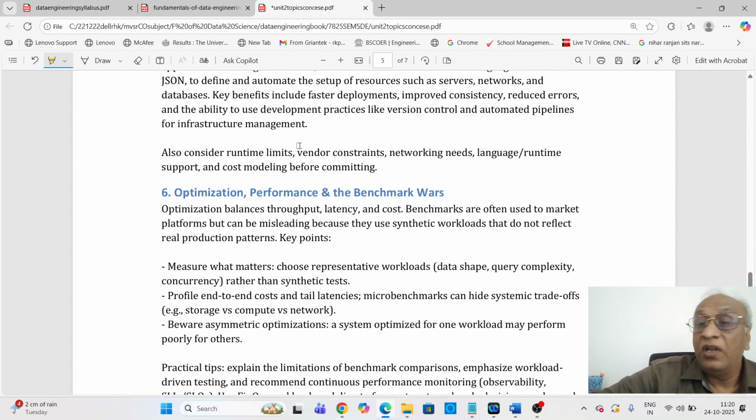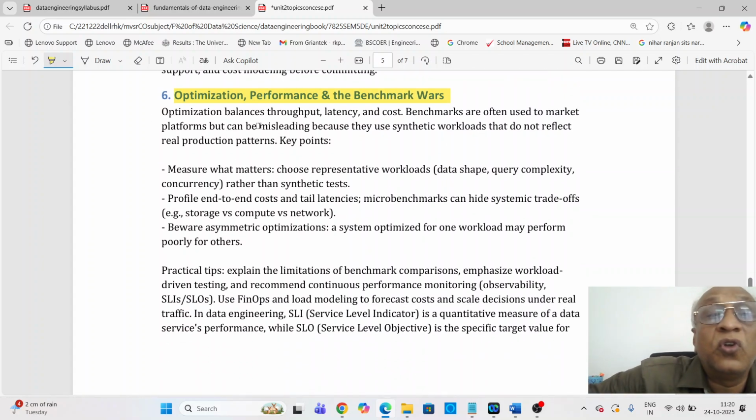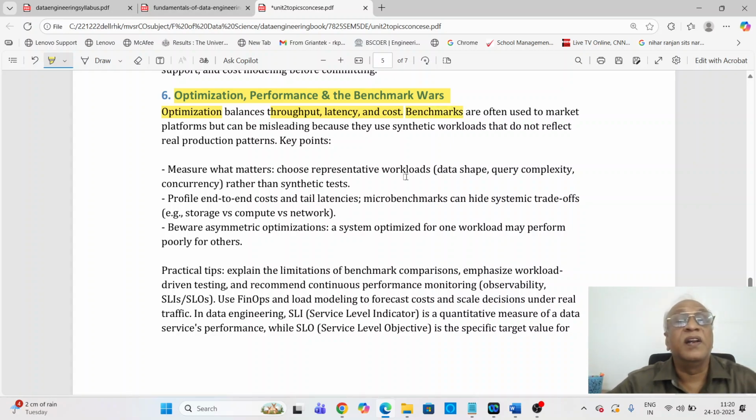Coming to optimization, performance, and the benchmark wars. Whenever we speak about optimization, we are speaking about balancing throughput, latency, and cost. When we speak about benchmarks, they are market driven. Okay, so sometimes the benchmark can be misleading also because they may be using synthetic workloads and they may not reflect the real production pattern.